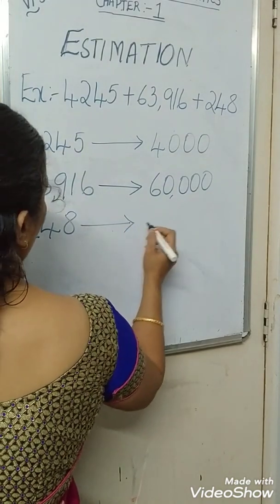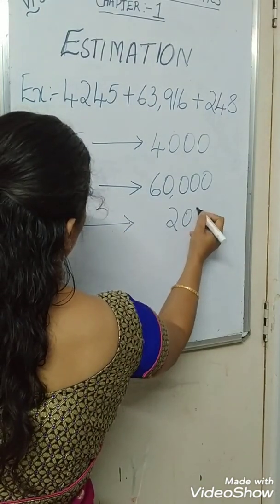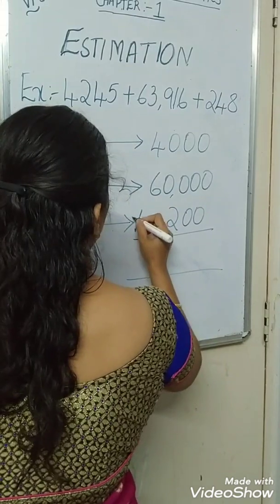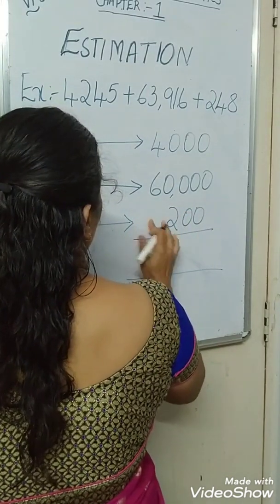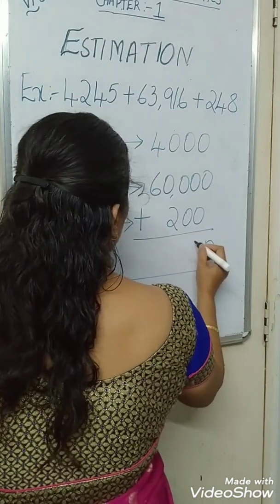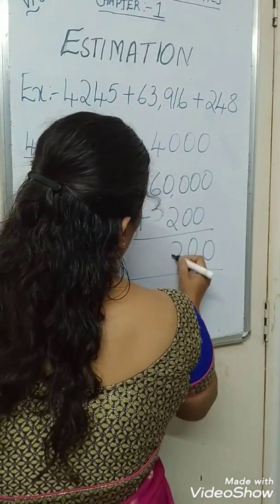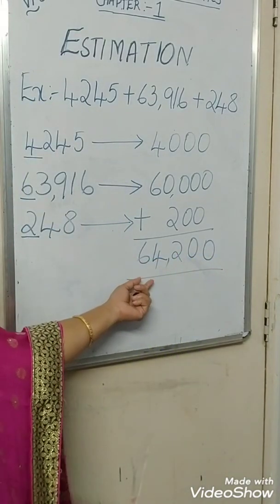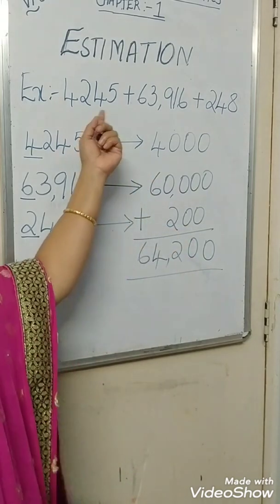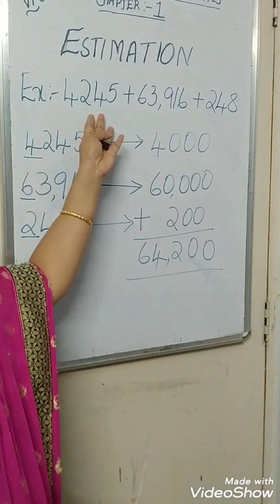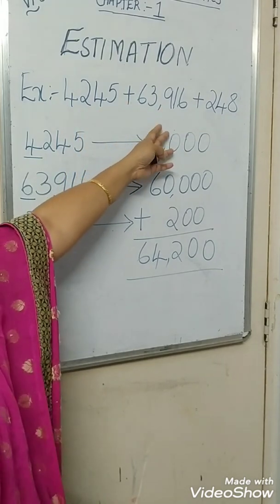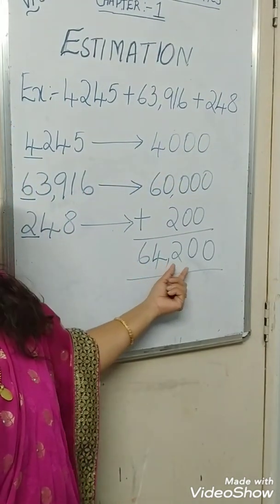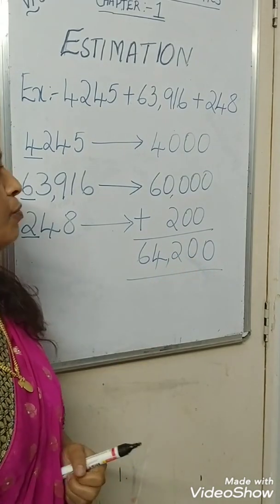So when we estimate it, we get 200. Now, let us add all these numbers. When we add, we get 0, 0, 2, 4 and 6. So the number is 64,200. Estimated sum of 4,245 plus 63,916 plus 248 is 64,200. Let us move on to the next example.